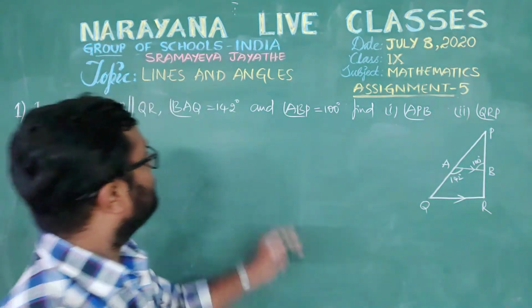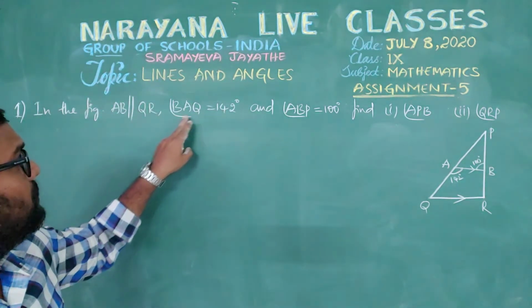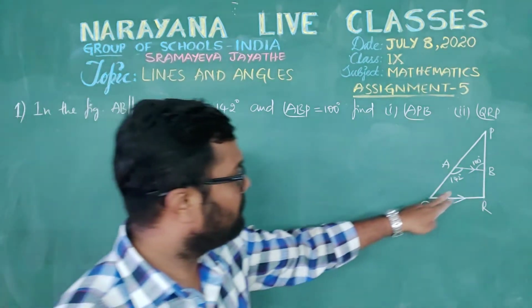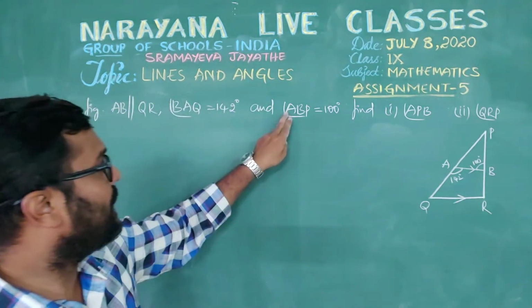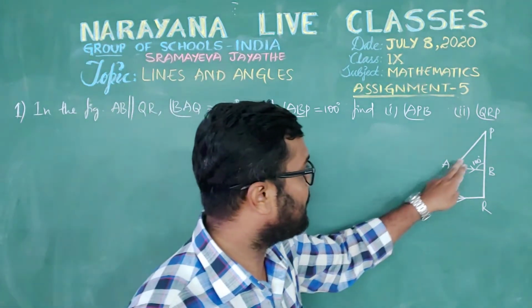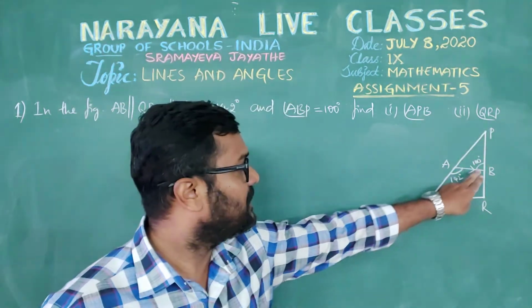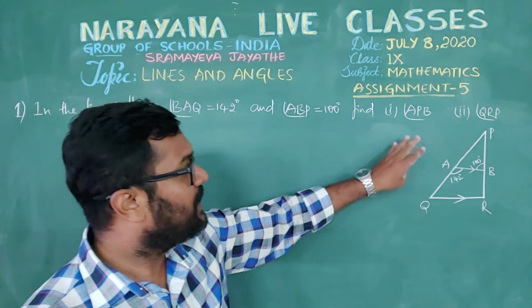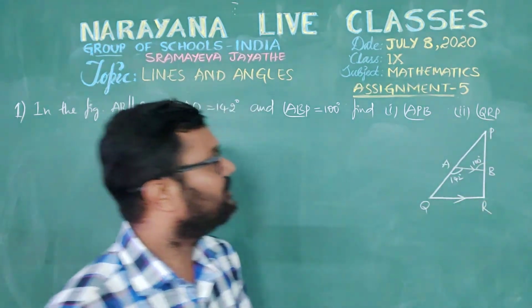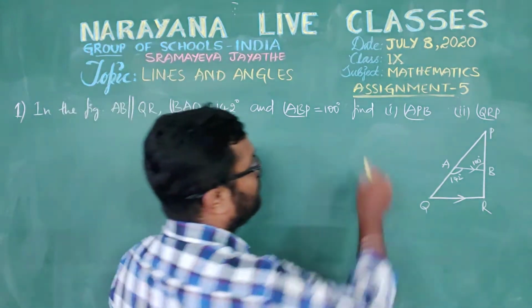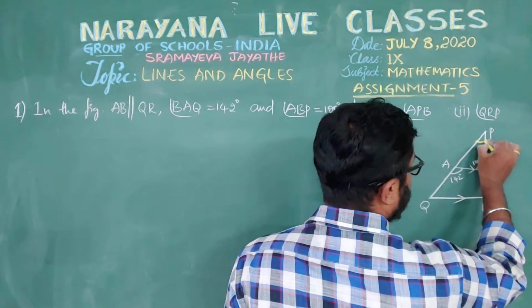Now here the given data is angle BAQ is 142 degrees, and angle ABP is 100 degrees. We need to find angle APB, that is this angle.